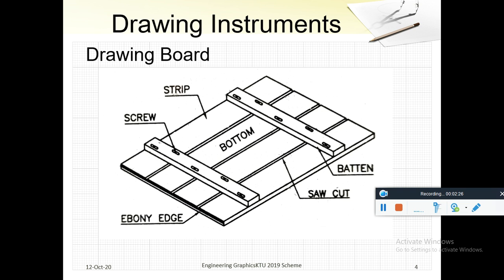They are connected by 2 battens using screws. At one edge there is a piece of ebony wood known as the working edge. This is the back side of the drawing board.